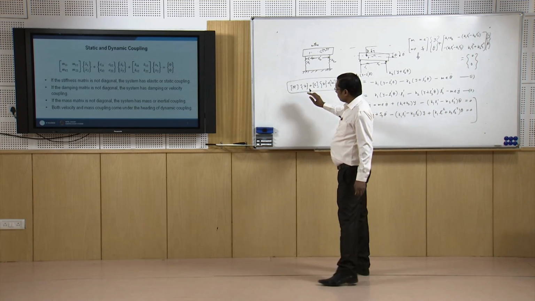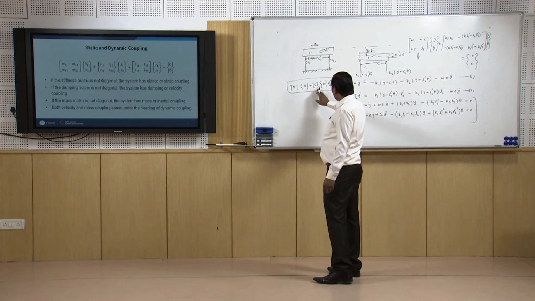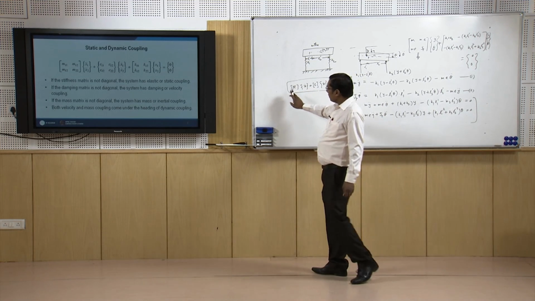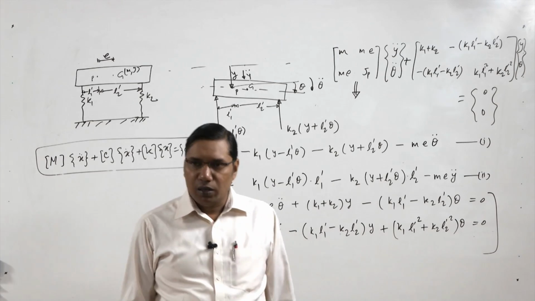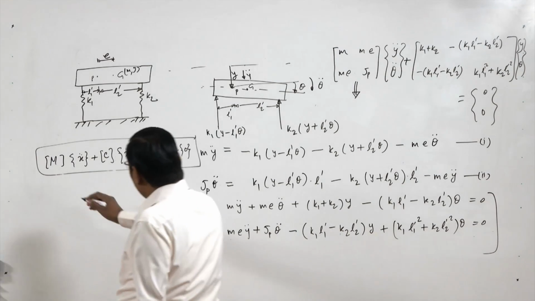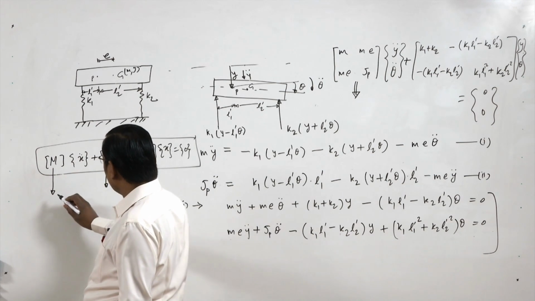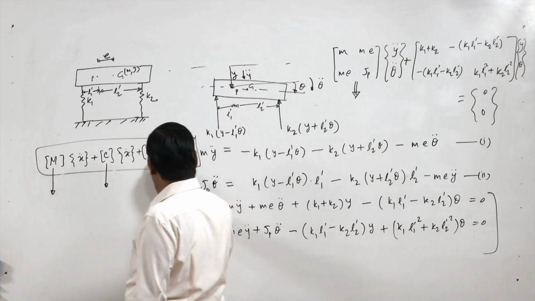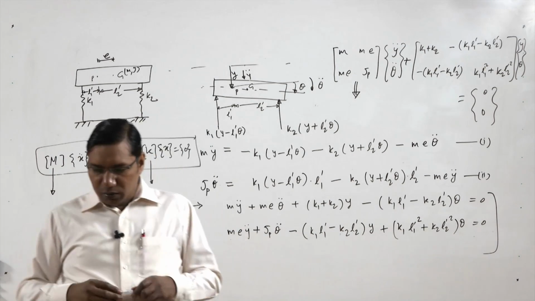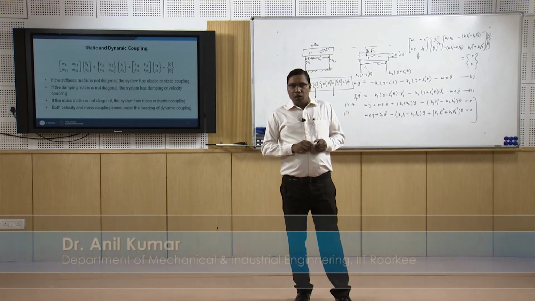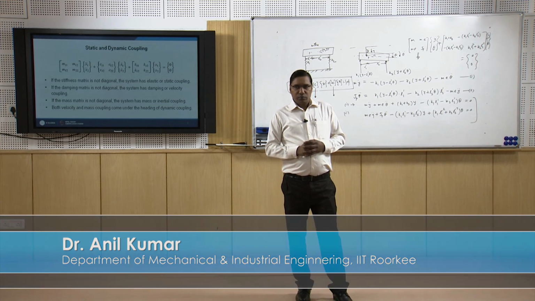If the damping matrix is not diagonal, it has damping or velocity coupling. If the mass matrix is not diagonal, the system has mass or inertia coupling. These two couplings, due to the damping and mass matrices, are called dynamic coupling, and this is static coupling. So here we discussed static and dynamic coupling.